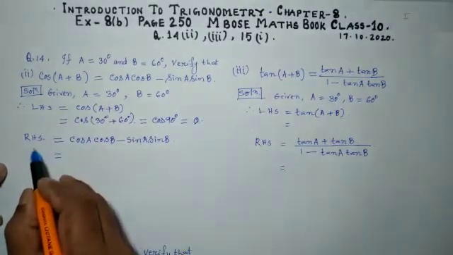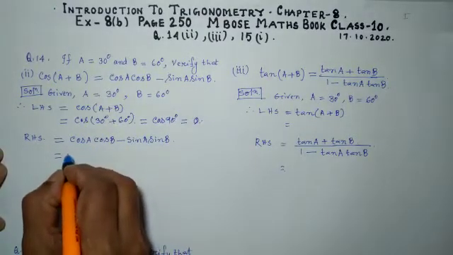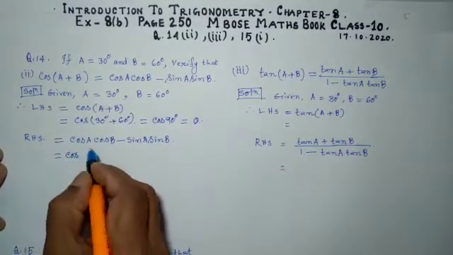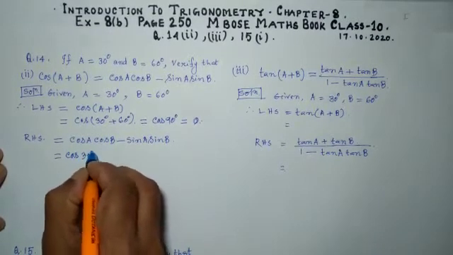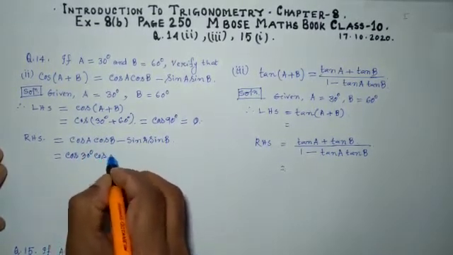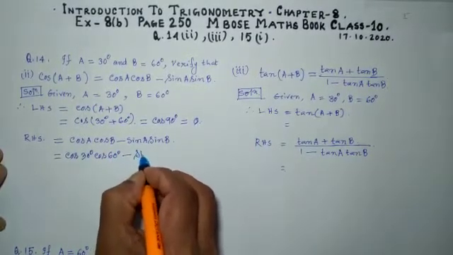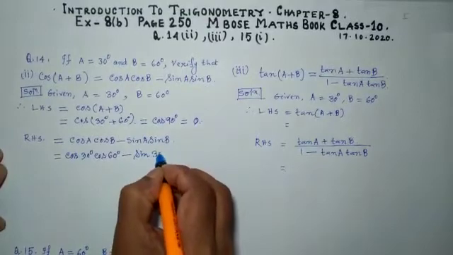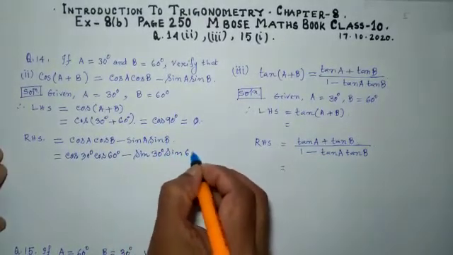And look at right hand side, cos A cos B minus sin A sin B. So the first work is putting the values of A and B. Cos A is 30 degree, then cos B is 60 degree, minus sin A is 30 degree and sin B is what? 60 degree.